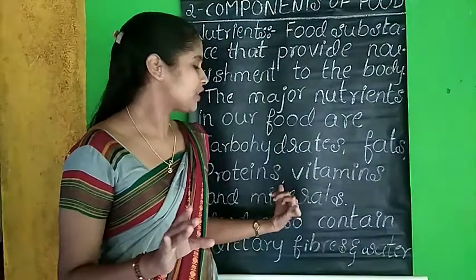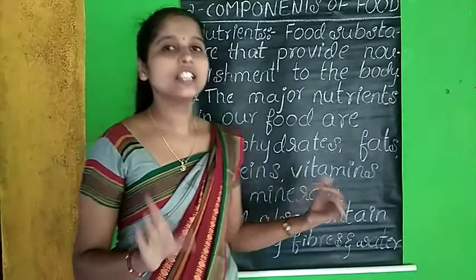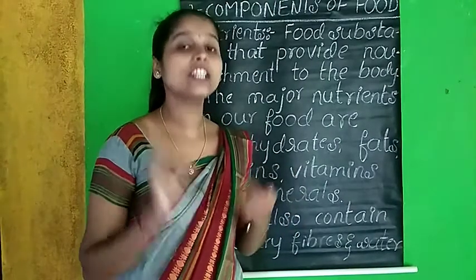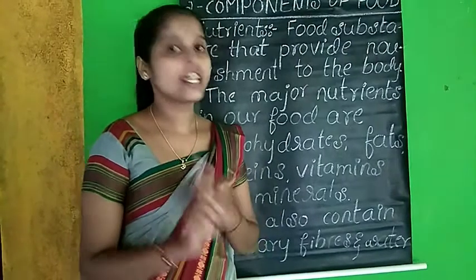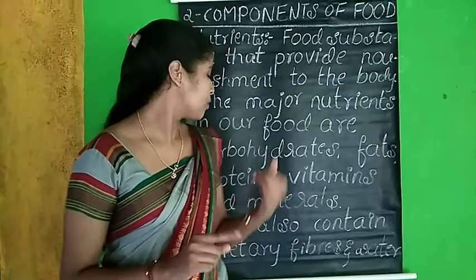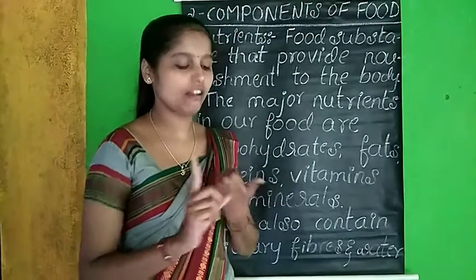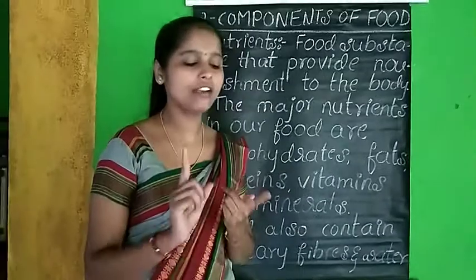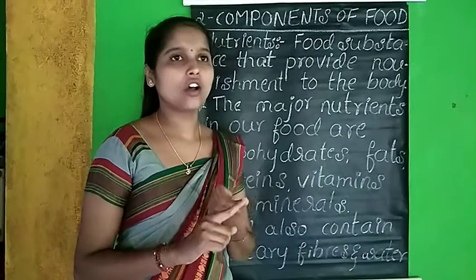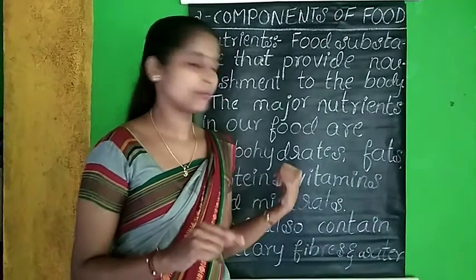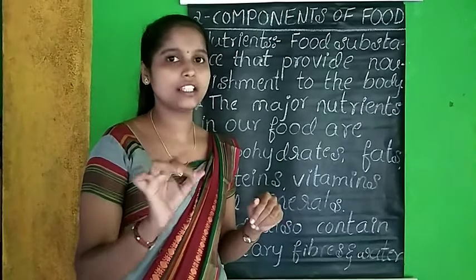Next, test for protein. For the test for protein, we need copper sulfate solution and caustic soda solution. We can take milk or egg. I have taken egg in this experiment.